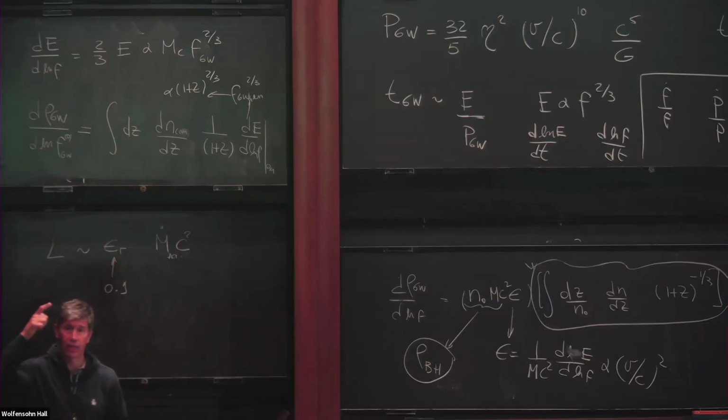You can go look at a specific quasar and try to estimate the luminosity of that quasar and properties of the disk, and get this on a case-by-case basis. And this is a number that I will take for this estimate, a reasonable number that people many times use.